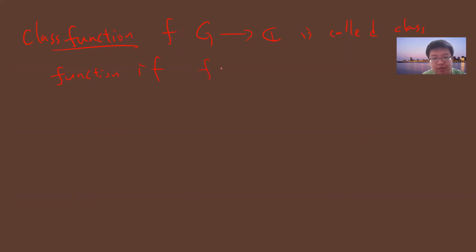Basically it is called a class function because F is the same on a conjugate class. Which means that if H and G are conjugate, meaning H is alpha G alpha inverse, then F of H is F of G by definition. So this is the class function.